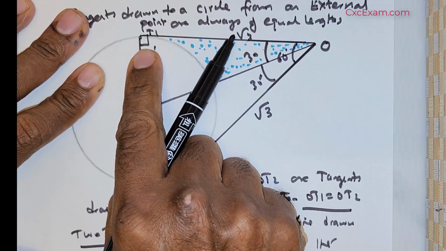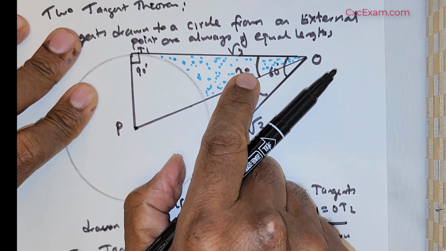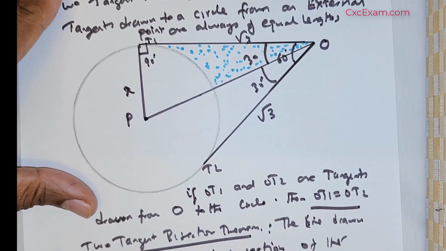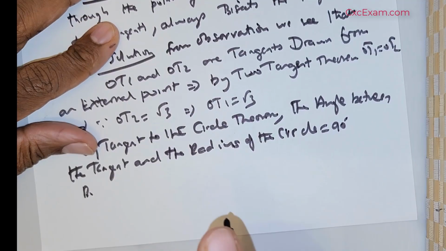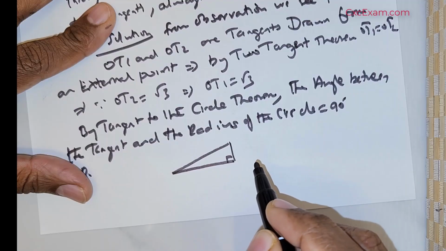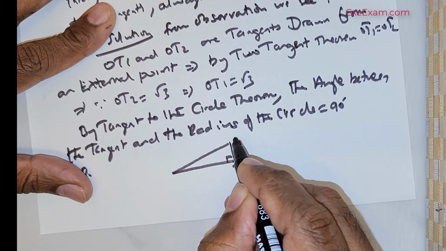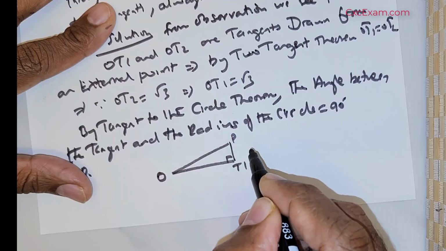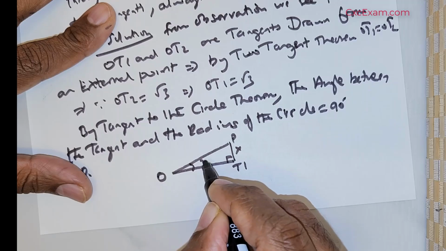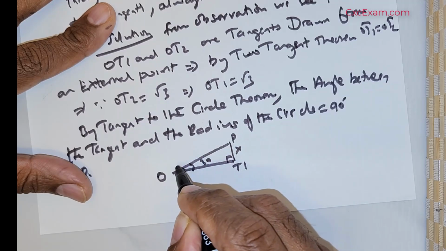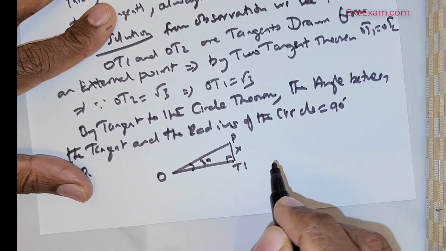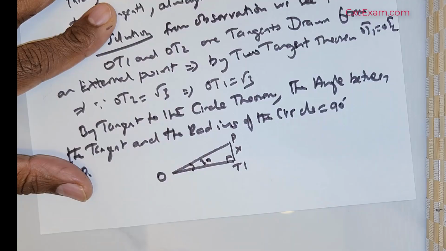So this is 90 degrees and this is T1, this is O and this is P. PT1 is x, angle at O is 30 degrees and OT1 is root 3.